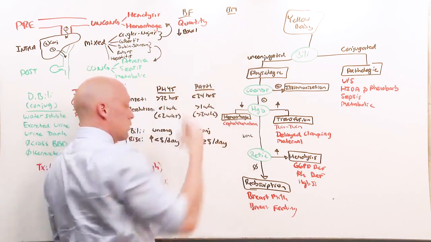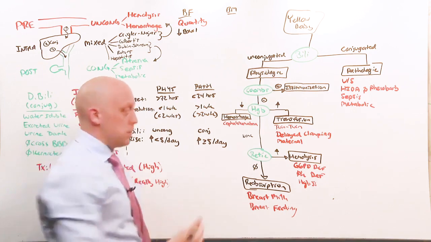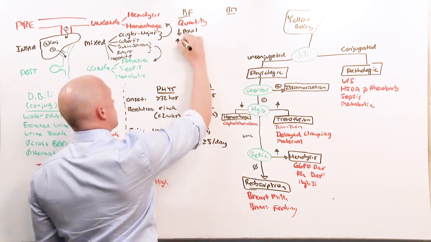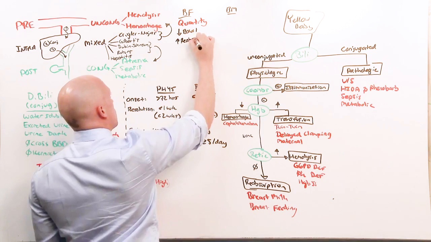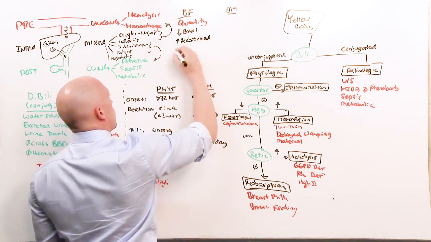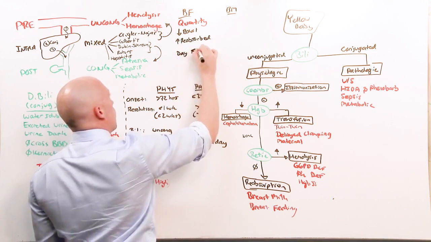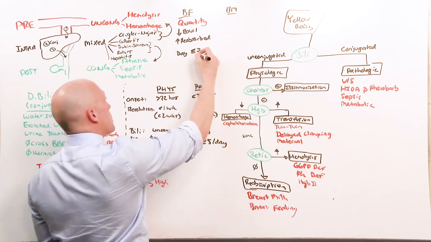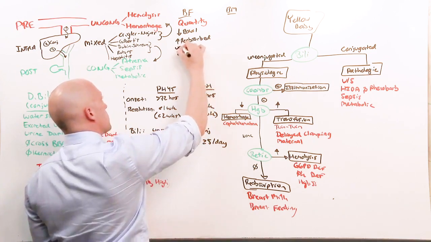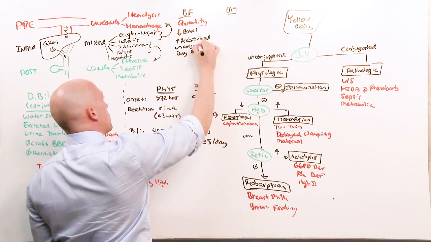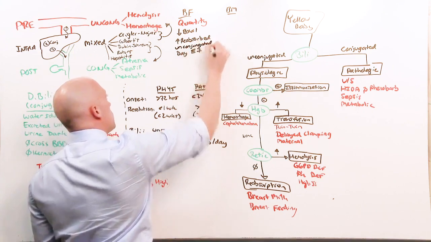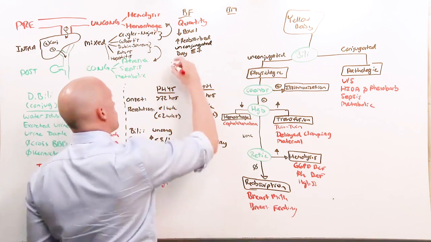This allows the bilirubin to sit around and then be reabsorbed. This almost always happens on day 1 through 7. And because this is a physiologic jaundice, it's going to be unconjugated. And all you need to do is feed baby more.